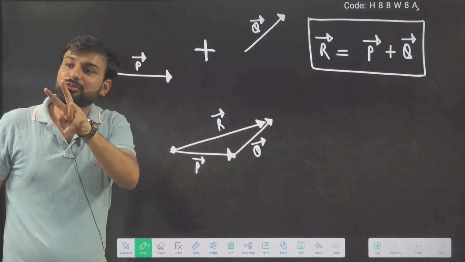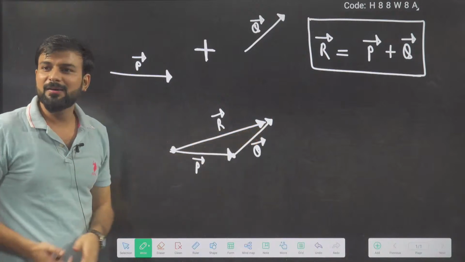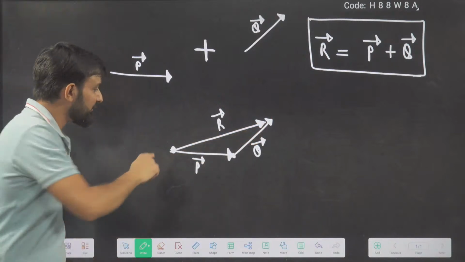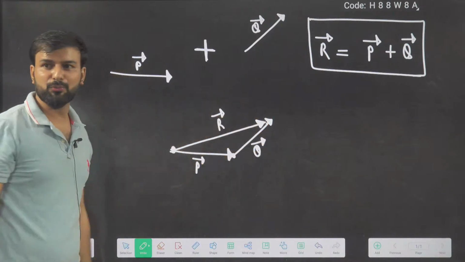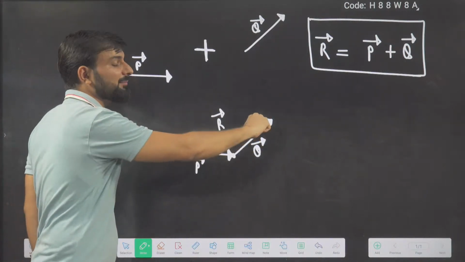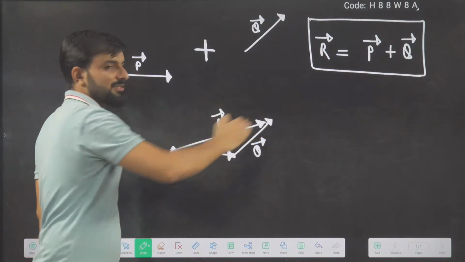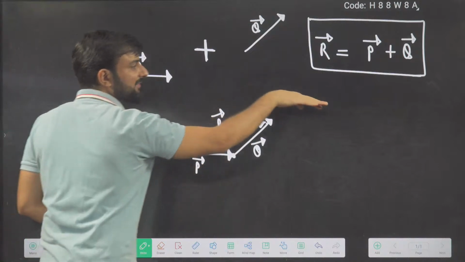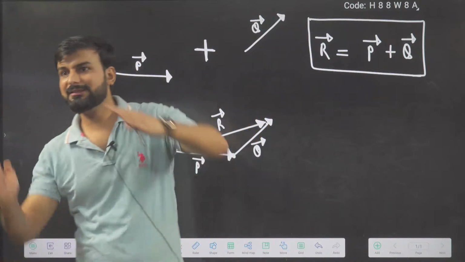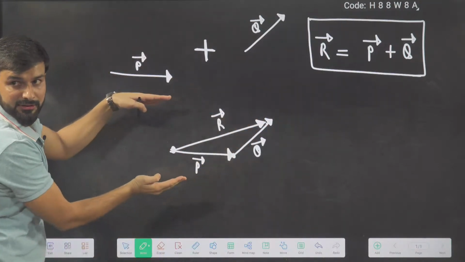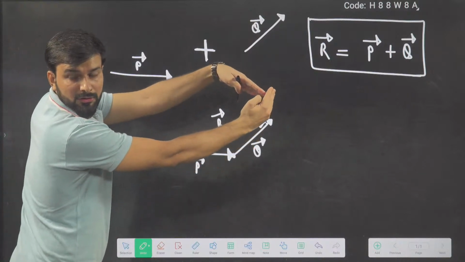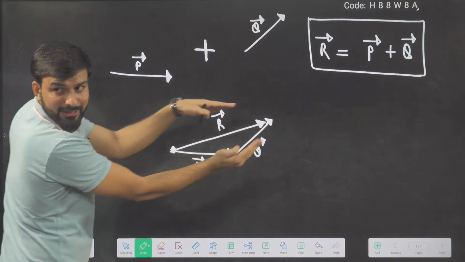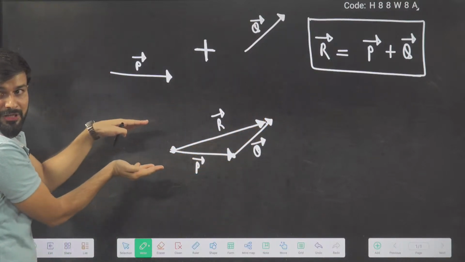So two vectors are required to reach this point. But the resultant is only a single vector which takes you directly to this point, not in the same sense but in the opposite sense. One method is this. They have a sense like this, so the resultant has the sense like this. You will feel that. Are you able to feel the sense? Give me a thumbs up if you are.